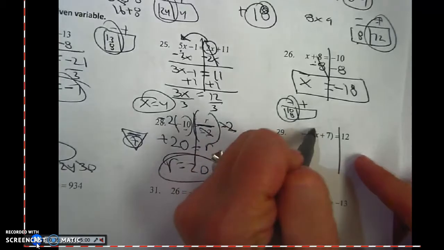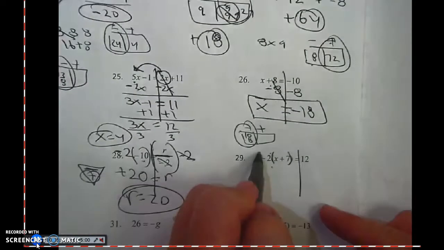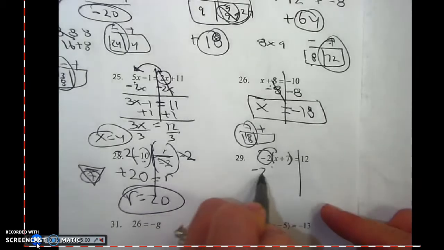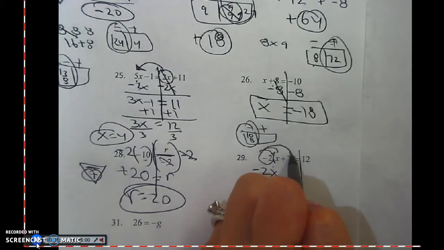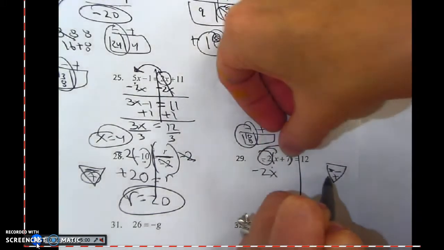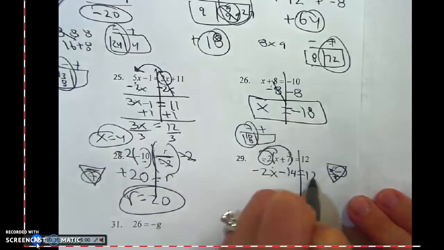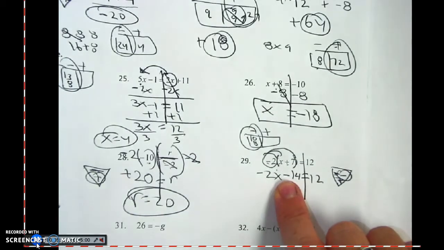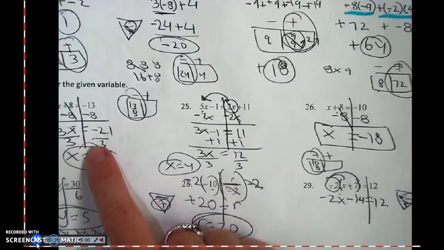Okay. This reminds me of the first example on that green half sheet that I gave you. So that's when the first step is the parentheses, just like we have here. So I multiply the negative 2 times the x, negative 2x. I multiply the negative 2 times the 7, come over here, do my triangle, negative, bye-bye, positive, bye-bye, boom, negative, 2 times 7 is 14. And now this problem is just like that problem over here that we started with.